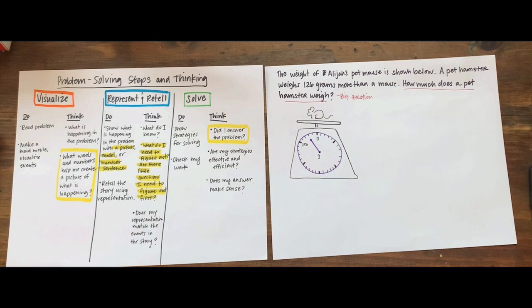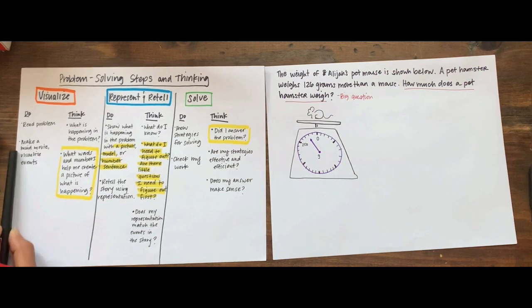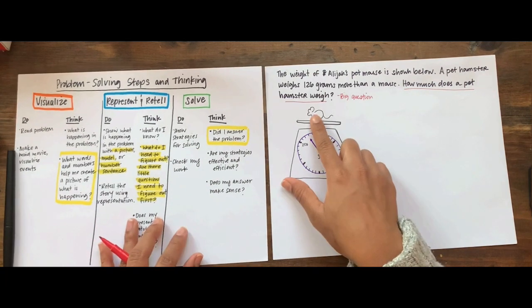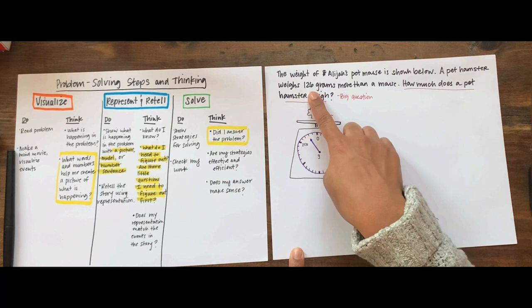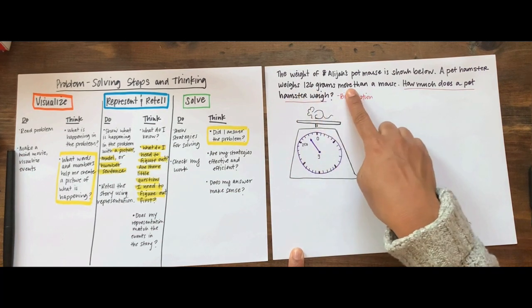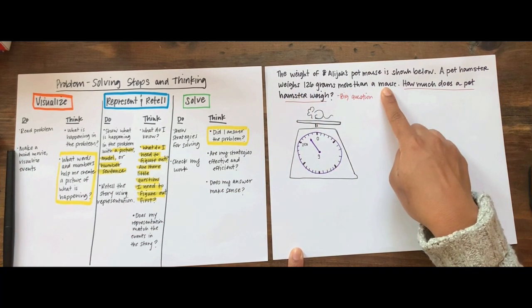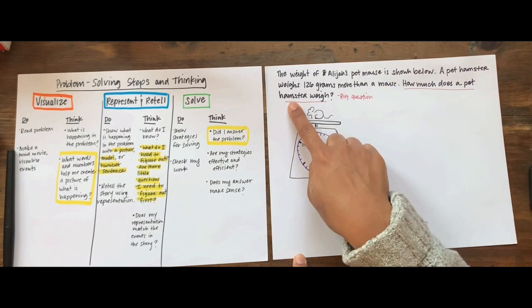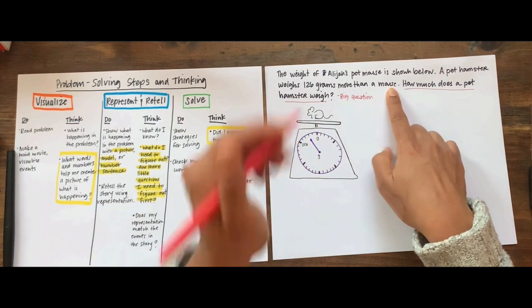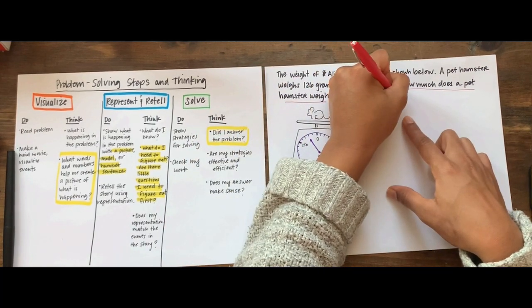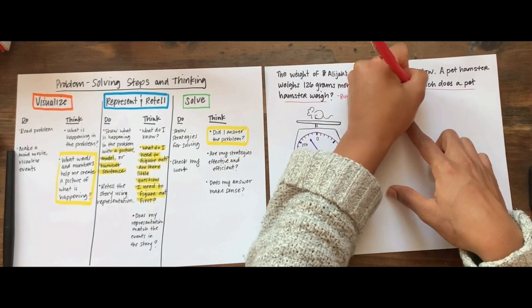Say your answer out loud. That's right. We need to know how much the mouse weighs because in the story, it says that a pet hamster weighs 126 grams more than a mouse. That tells us in order to find the hamster, we have to know the weight of the mouse first. We can consider the weight of the mouse to be the little question.